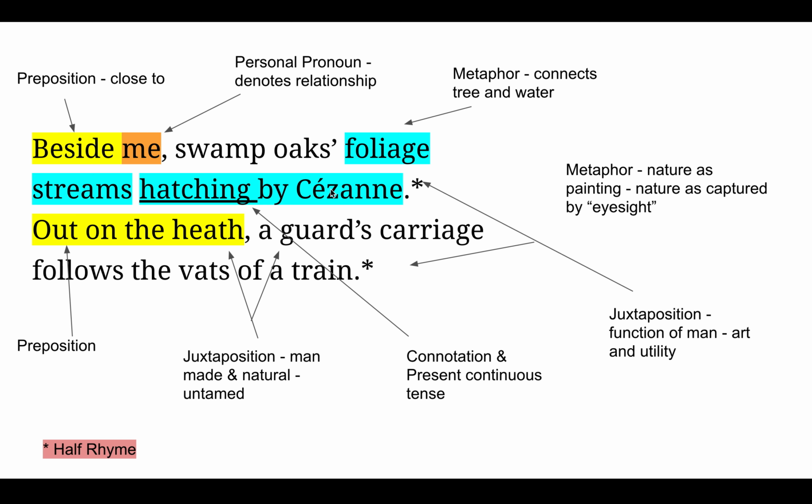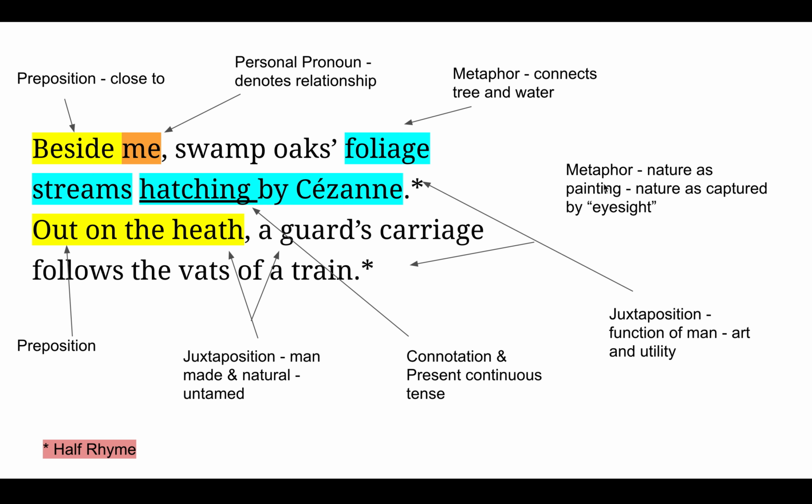Now he calls it hatching by Cezanne. This is another metaphor. Cezanne is an impressionist painter, and hatching is a technique that he used. So what he's saying there is that the physical, visual impression of these swamp oaks looks like the hatching by Cezanne. Now I've got here the idea of it's a metaphor, nature as a painting.